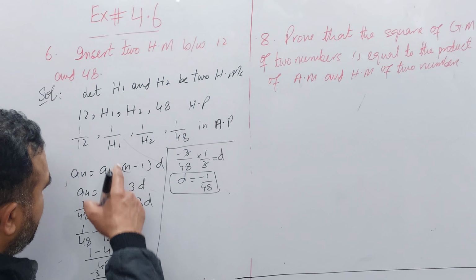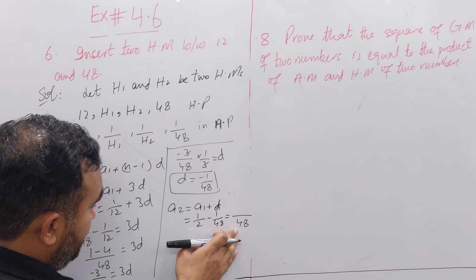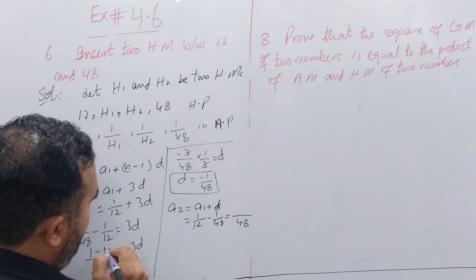If we put n is equal to 2, so a1 plus (2 minus 1)d, it will be just d. The value of a1 is 1 over 12 and d is minus 1 over 48. The LCM is 48, and dividing 48 by 12 we get 4, minus 1, so it will be 3 over 48, which is equal to 1 by 16. So a2 is 1 by 16.